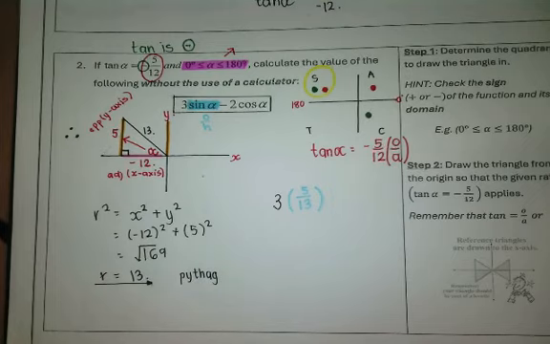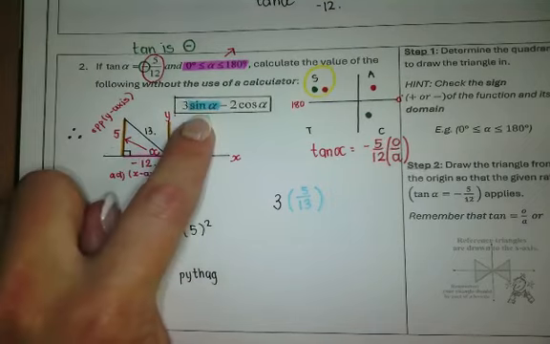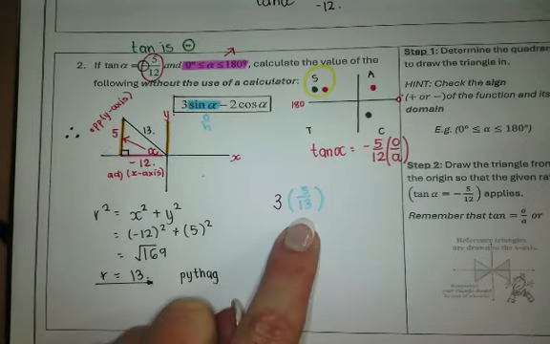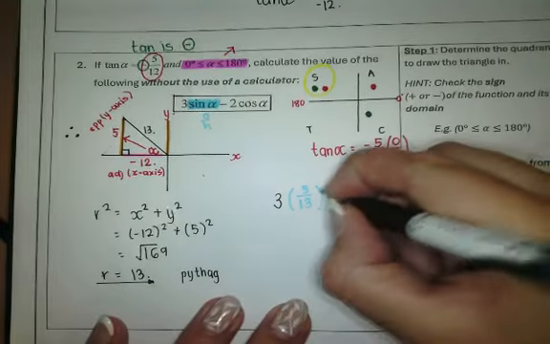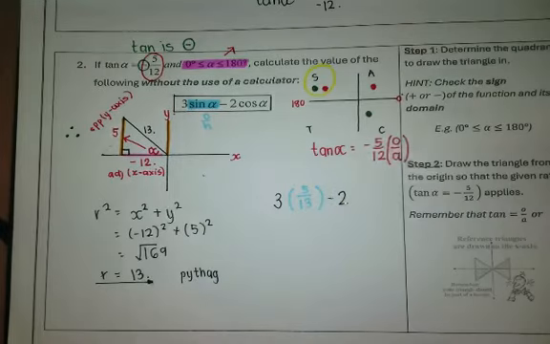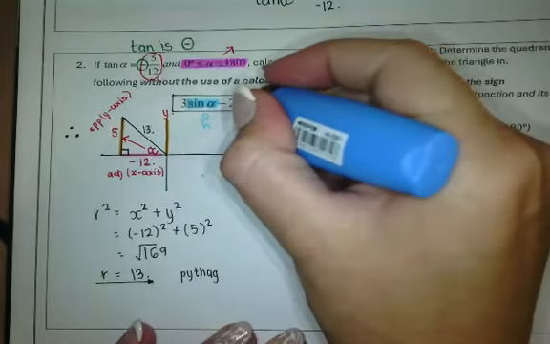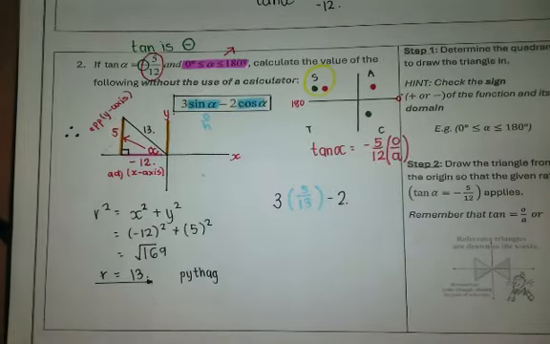What is my opposite side? 5. What is my hypotenuse? 13. That is the value of sin alpha. Do you understand? Sin alpha's value is 5 over 13. You're basically substituting.